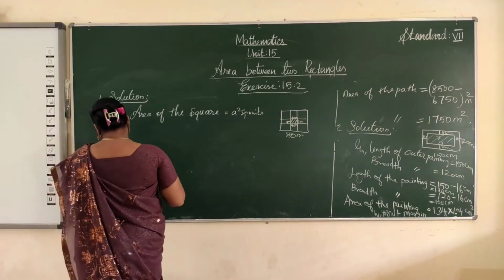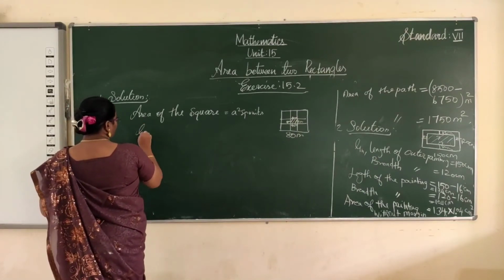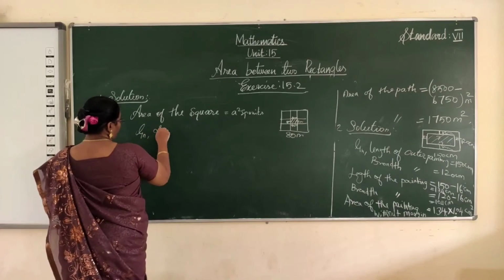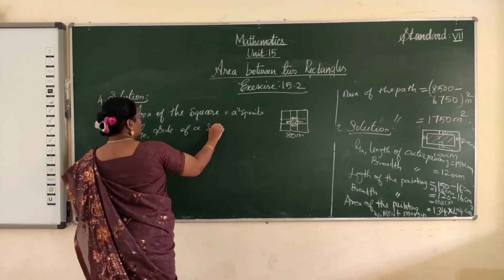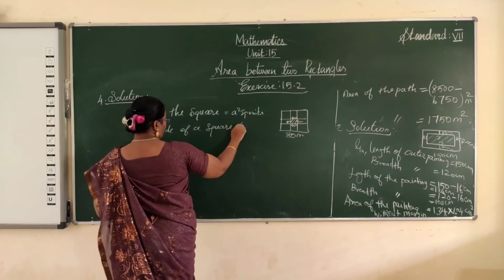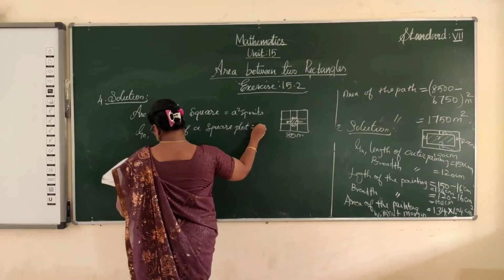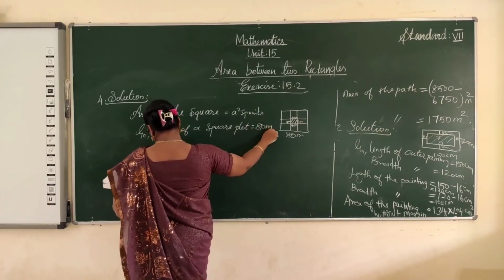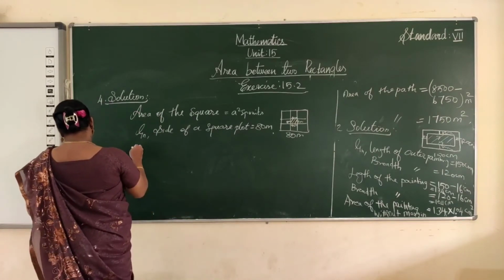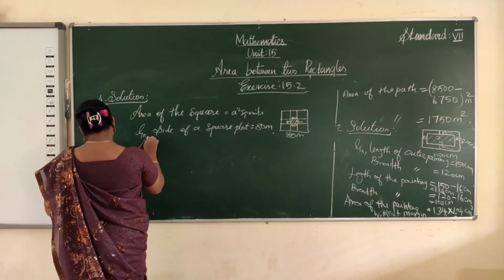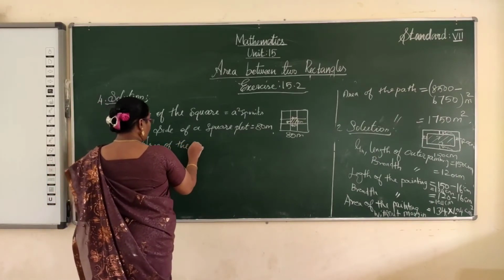Okay, so side of the square plot is equal to 80 meter. Okay, now we have to calculate the area of the path. Area of the path, what is the formula?